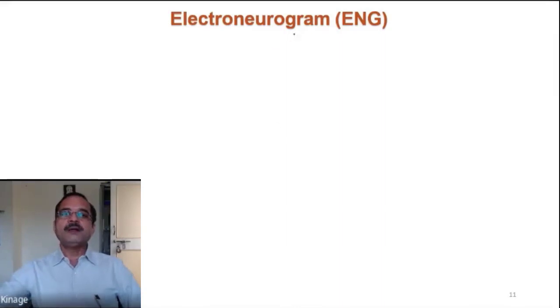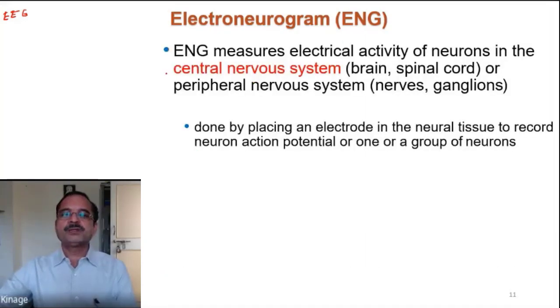Then the next one, electroneurogram. Earlier we have discussed about electroencephalograph, which was about the brain. Now here, electroneurogram is related to our nervous system. It measures the electrical activity of neurons in the central nervous system or the peripheral nervous system.